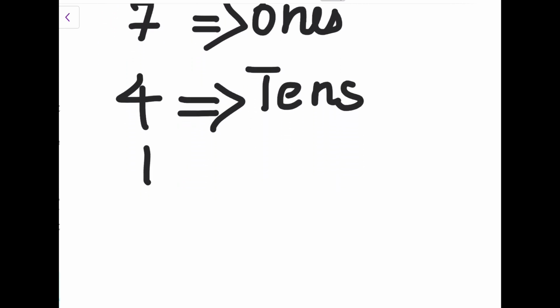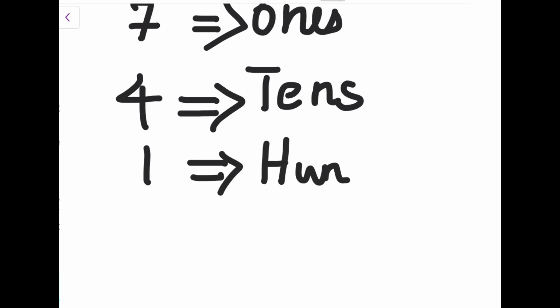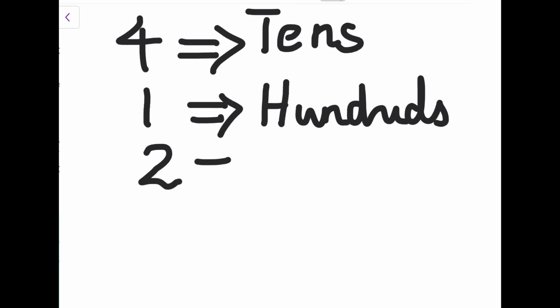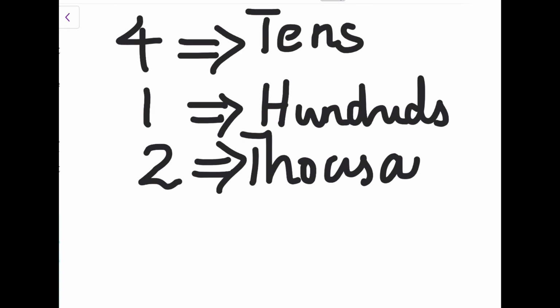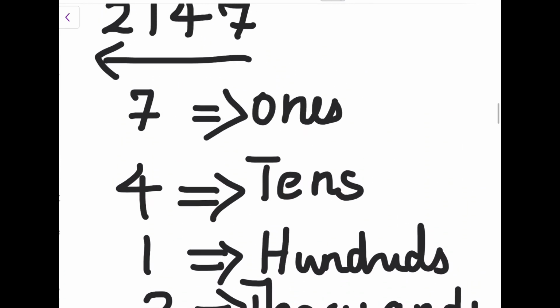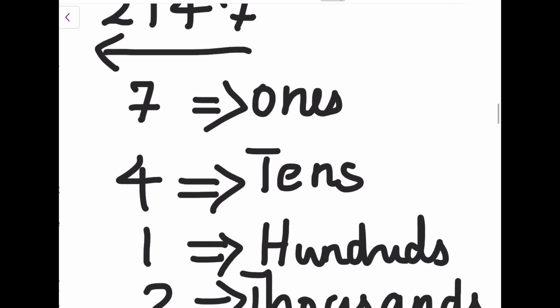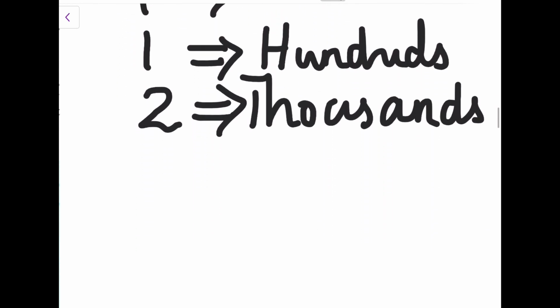Then 1 is in the place of hundreds, and 2 is in the place of thousands. Okay, you got it? So this is the place value system that we follow in India.